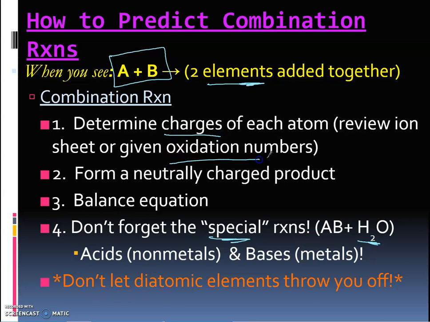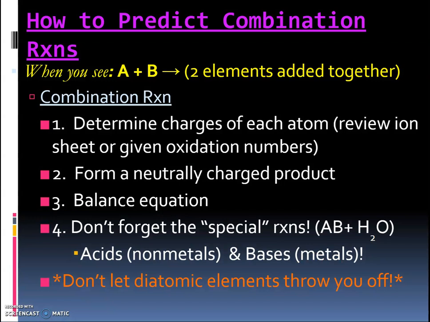Use your oxidation numbers if you are using those, or review them from the ion sheet. Make a neutral product and balance. Don't forget that the diatomic elements are there. Don't let them throw you off. And remember, your acids are made from nonmetals and bases are made from metals.